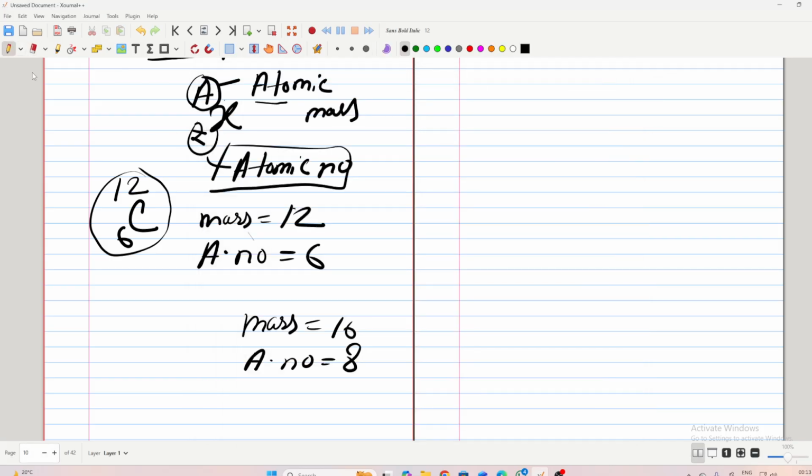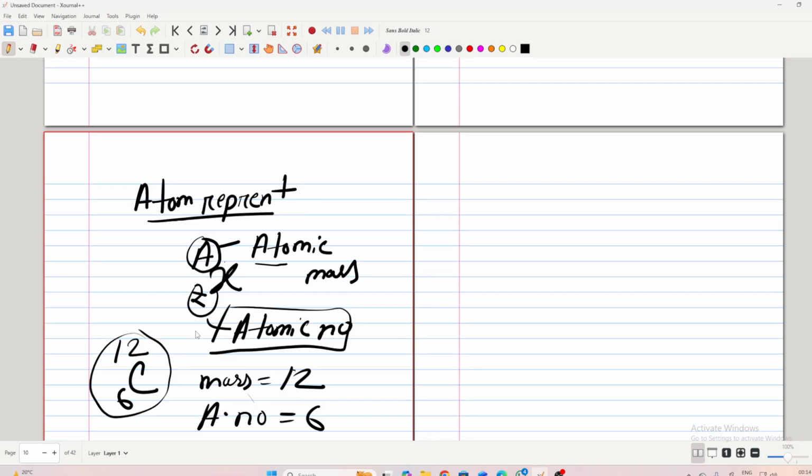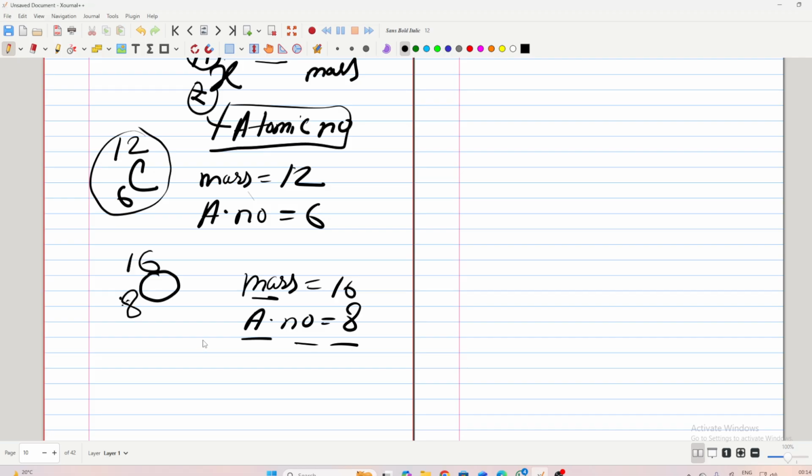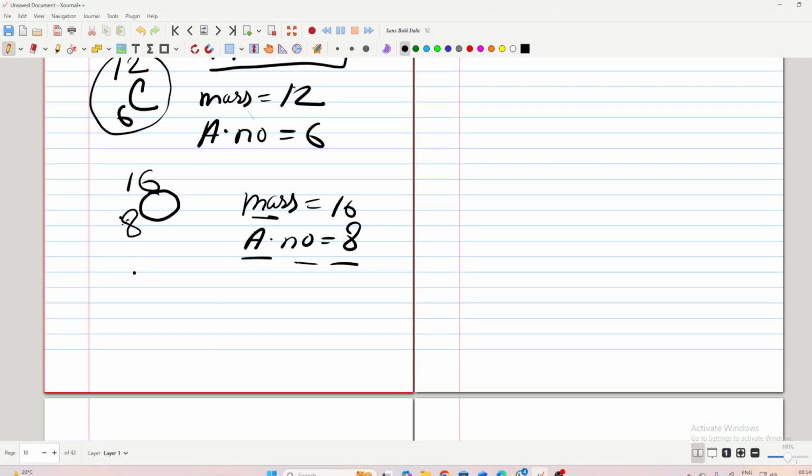If we assume this as oxygen, the mass is 16, which will be written on the top, and atomic number 8, which will be written under the symbol. This is how we represent an atom. Am I clear? Here is the fact that must be remembered: atomic number. What is the atomic number?